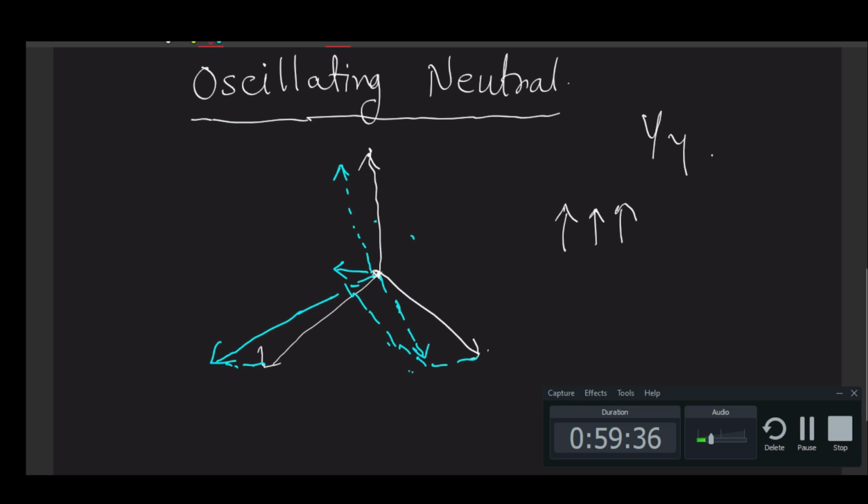So now what you can see is that they have shifted in such a way that your neutral, instead of being here, comes somewhere here, because at neutral the addition of all the voltages has to be equal to 0.